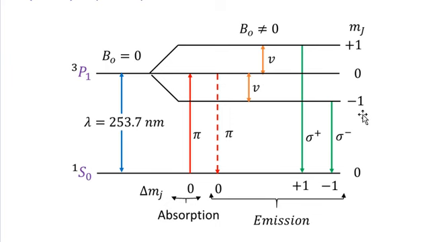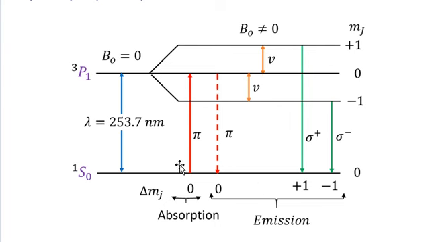And I have shown these energy-wise in their distribution: mj equal to plus 1 has the highest value, followed by mj equal to 0 and then mj equal to minus 1. I have indicated these levels in the presence of the applied magnetic field B naught.